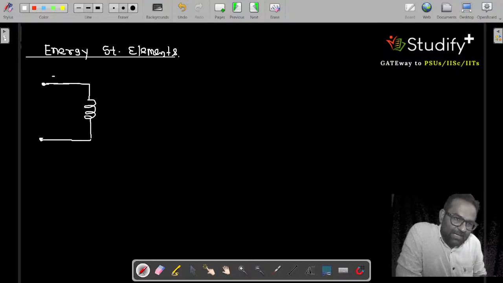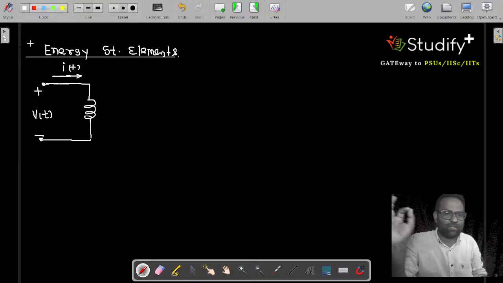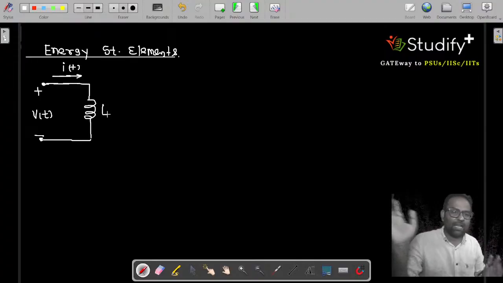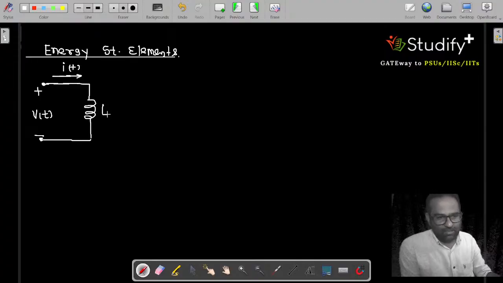Let's say the inductor has current i(t) and the voltage across the inductor is v(t). This is a very important equation. All your concept is governed from here. And this is the inductor, and the value of the inductor is L Henry. This is our first component, an energy storing component.